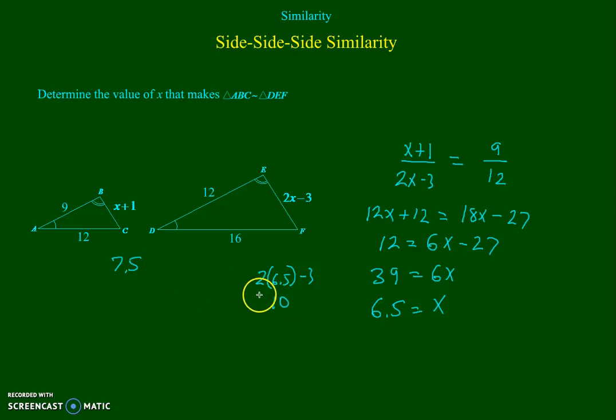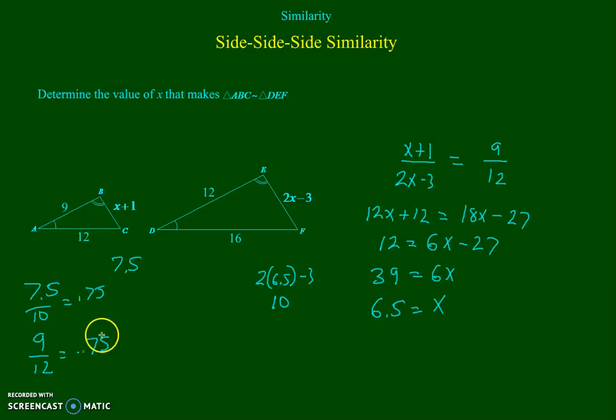And so 7.5 divided by 10 is 0.75. 9 divided by 12 is going to be equal to 0.75.